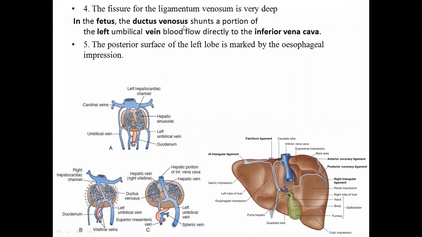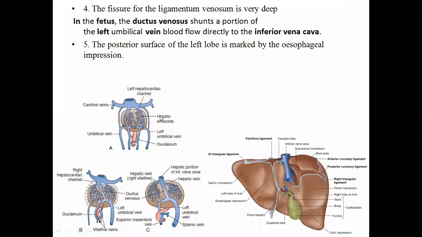Now, what is it exactly? The ductus venosus is a channel. It shunts a portion of left umbilical vein blood flow directly to the inferior vena cava. Now, we know that the blood from the mother is taken by the umbilical vein. The umbilical vein takes the oxygenated blood from the mother to the fetus, and it reaches the fetus. Now this vein has to reach the inferior vena cava.